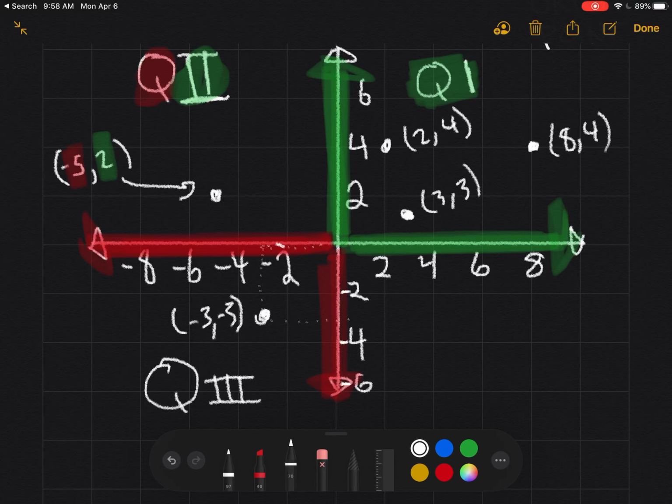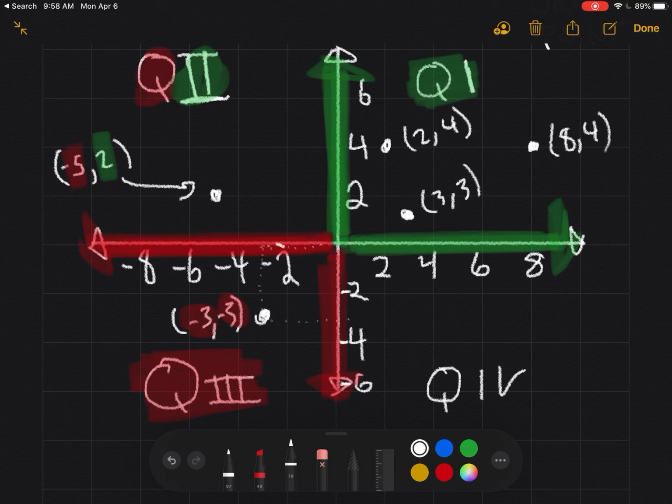Hopefully you see how I picked that. If not, ask me a question and I'll try to make a video about it. So the point -3, -3 is here. And notice that both the x value and the y value are negative. So in quadrant 3, the x value and the y value of all those points are all negative. Just like how in quadrant 1, the x and y values were all positive, in quadrant 3, they're all negative.